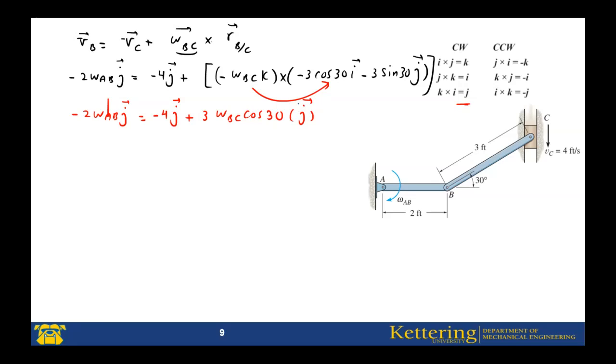And this by this, minus plus 3 omega BC sine 30, k by j is minus i. I write the i component with blue color, the j component with red color.